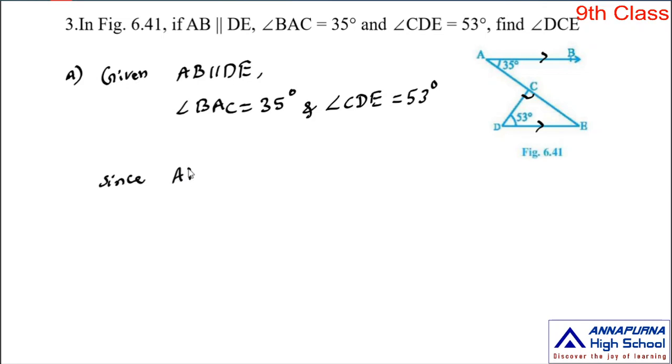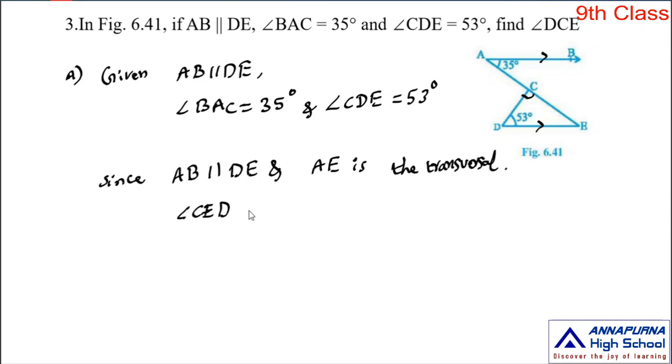Since AB is parallel to DE and AE is the transversal, angle CED is equal to angle BAE, since alternate interior angles.